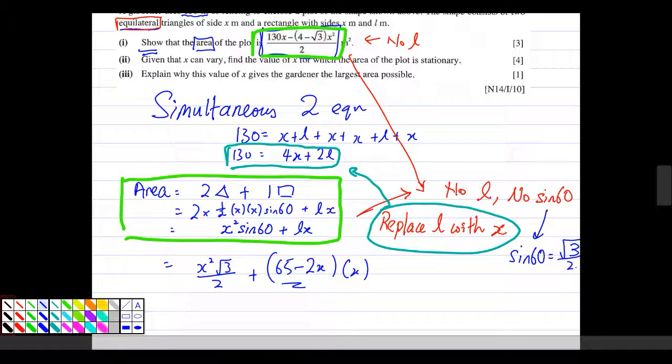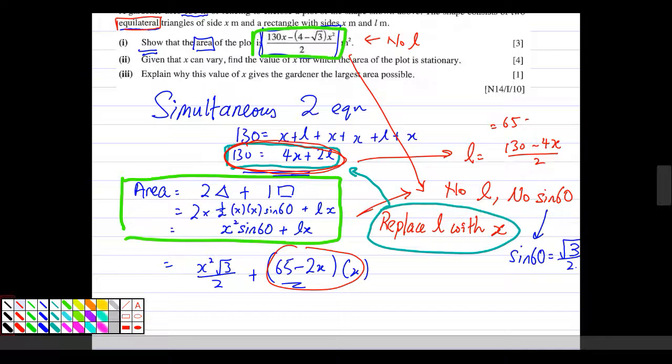Oh, this one I get from this one. Can you follow? Again, this thing here I get from here. Because here L is equals to, bring over the 4x, so 130 minus 4x over 2. Okay? So this is equals to 65 minus 2x.